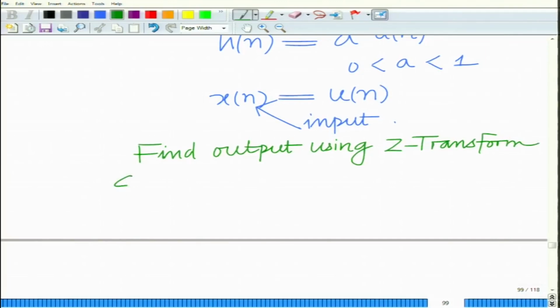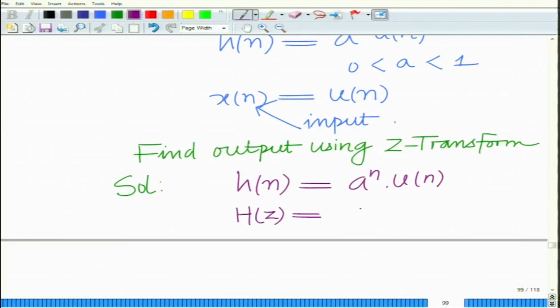Now, this can be solved as follows. So, let us look at the solution. We have the z transform, remember h of n equals a to the n u n. The z transform of this is H of z equals z over z minus a. The ROC is magnitude of z greater than a, alright.